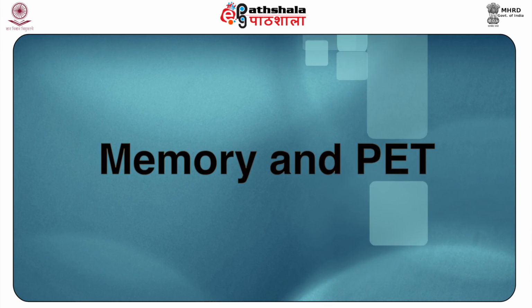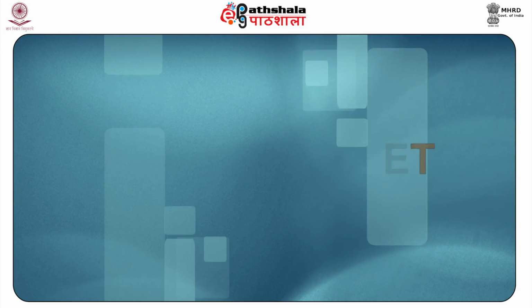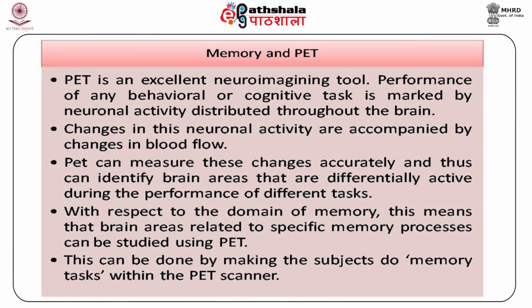Now let us see memory and PET scan. PET scan is an excellent neuroimaging tool. Performance of any behavioral or cognitive task is marked by neuron activity distributed throughout the brain. Changes in this neuronal activity are accompanied by changes in blood flow.